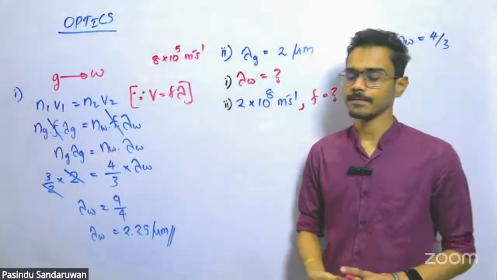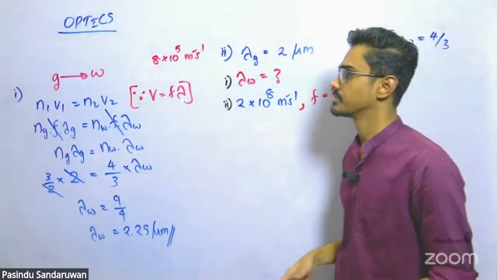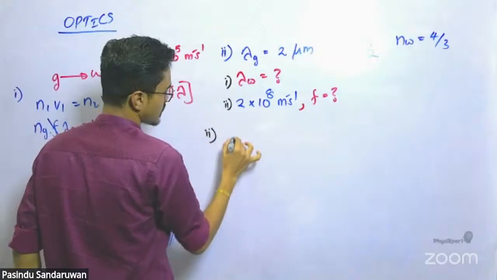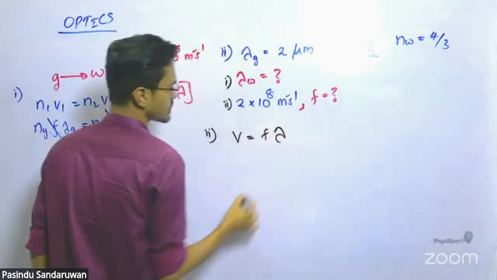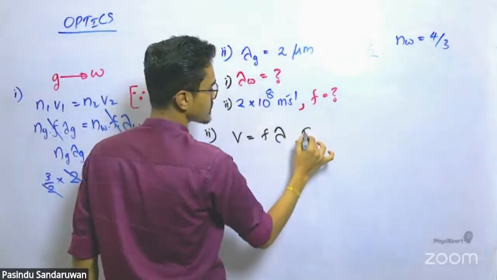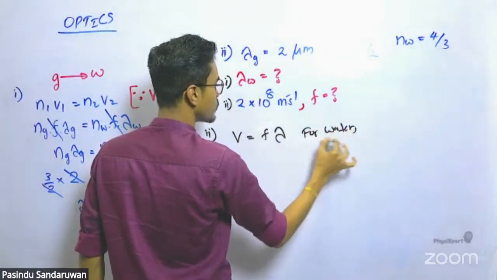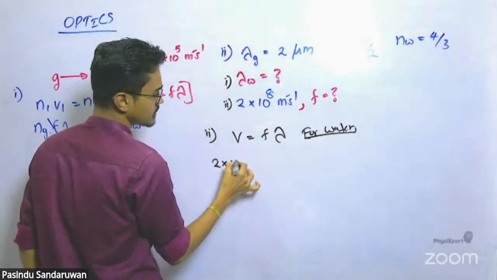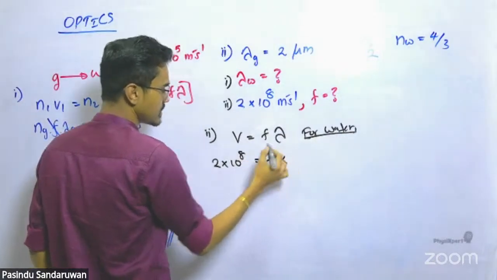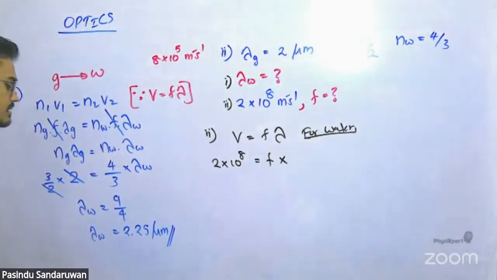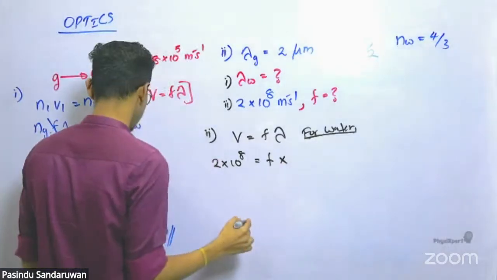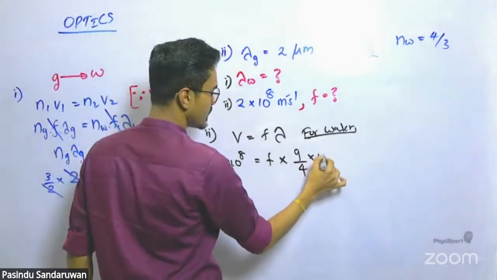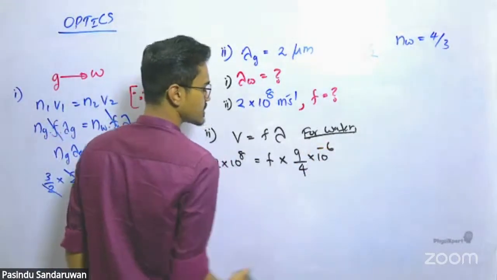And then we need the frequency. To find the frequency, we can apply v equals f lambda. I'm going to apply this for water because the velocity in water is given. The velocity in water is 2 times 10 to the power 8. We need the frequency, and lambda in water is 2.25, which for ease of simplifying I'm writing as 9/4, in micrometers, so times 10 to the power minus 6.